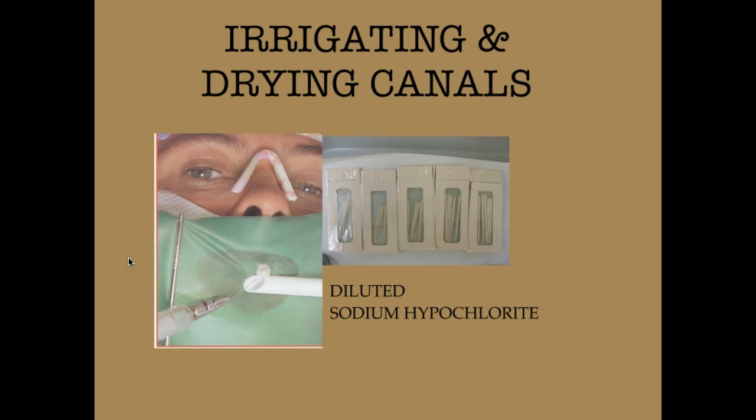Next, after the use of the intracanal instruments for debridement, enlarging and shaping the canals, the endodontist will irrigate, usually with a diluted sodium hypochlorite, although there are other irrigation solutions that can be used.